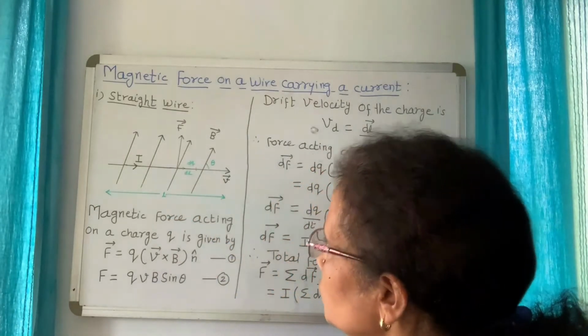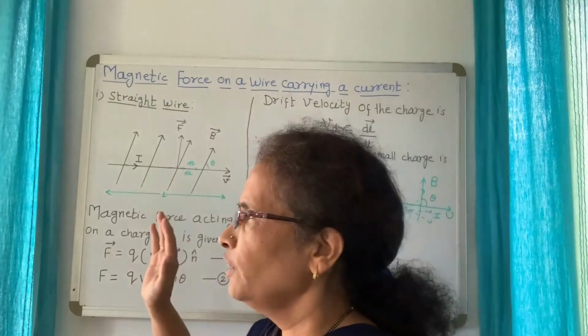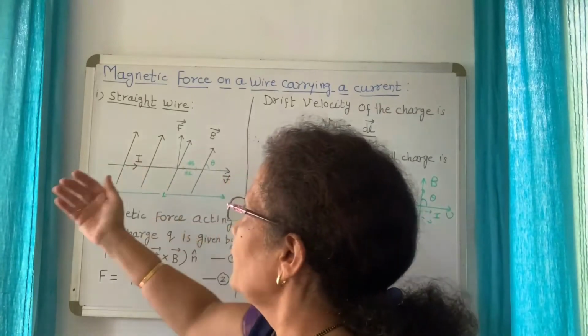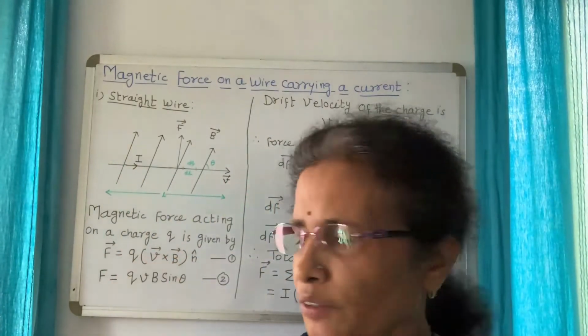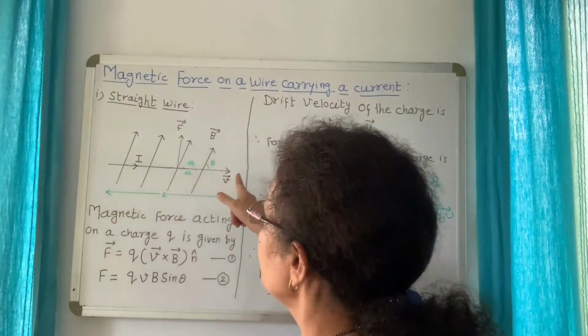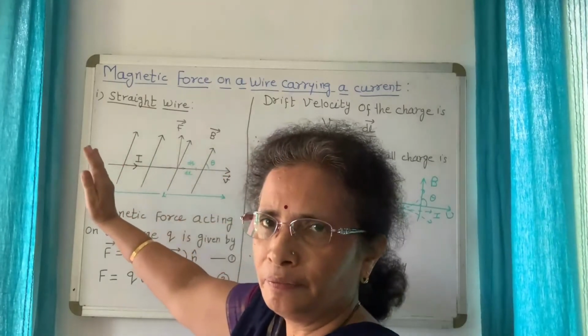Means what? To flow the current, the drift velocity or the electron moves in one direction, and the conventional direction is taken opposite to the direction of the electrons. So this diagram tells us that if the current is flowing in this direction, the negative charge is flowing in the opposite direction. Right.